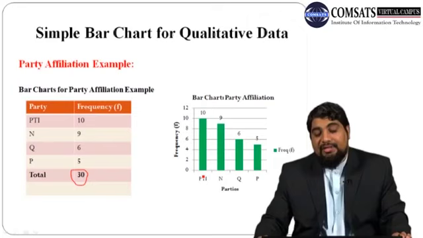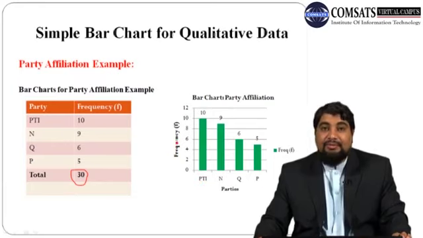In order to construct a simple bar chart, take the parties along the x-axis, so PTI, PMLN, PMLQ and PPP, and their frequencies along the y-axis, and then corresponding to each category, construct a bar. Let us consider the first category, which is PTI.